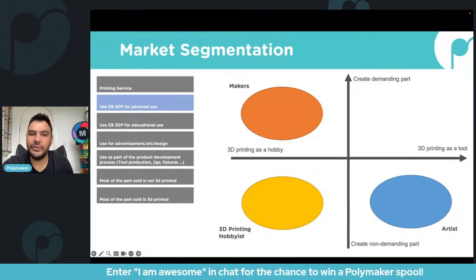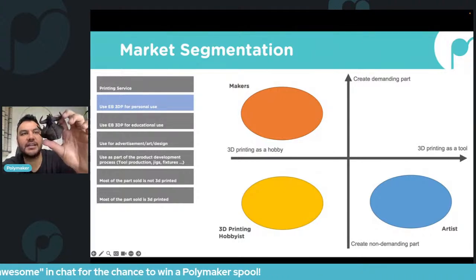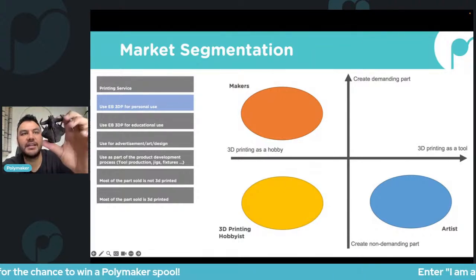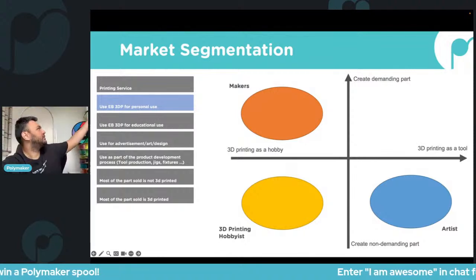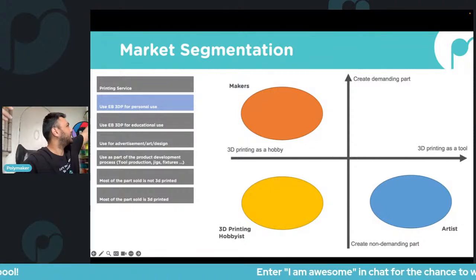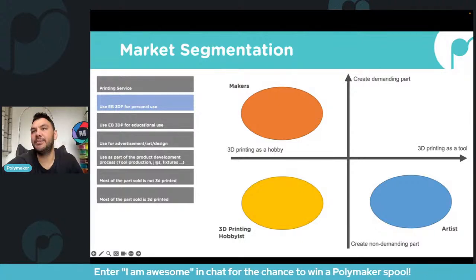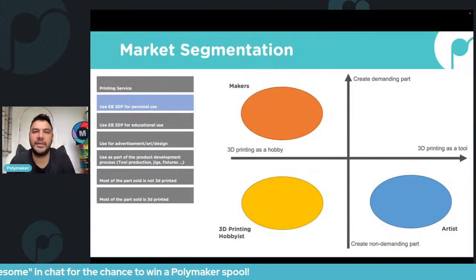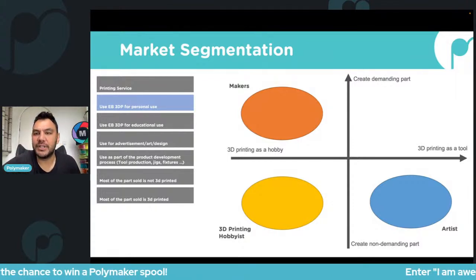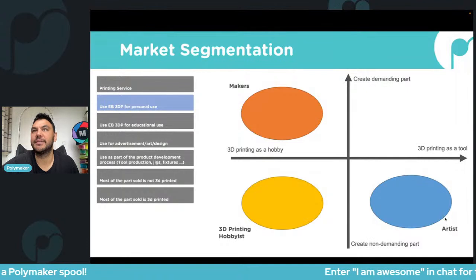He's not really into 3D printing as a hobby. He's more into having something in real. Again, I don't know him personally, but yeah. Maybe he doesn't print that much, right? The 3D printer is really just a tool for him. So that's what I call an artist.